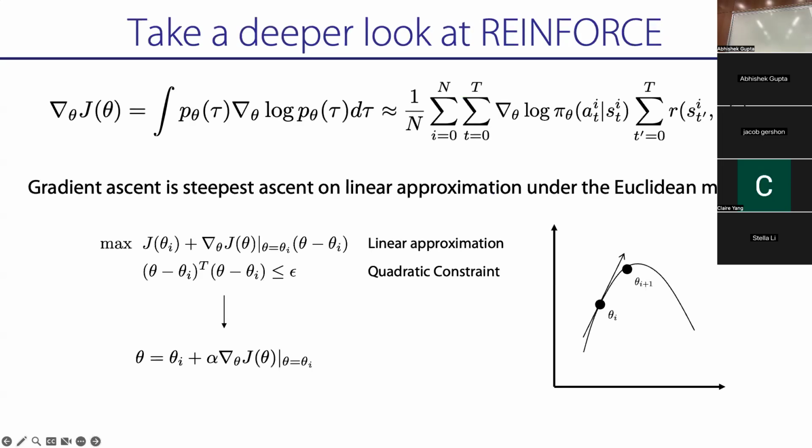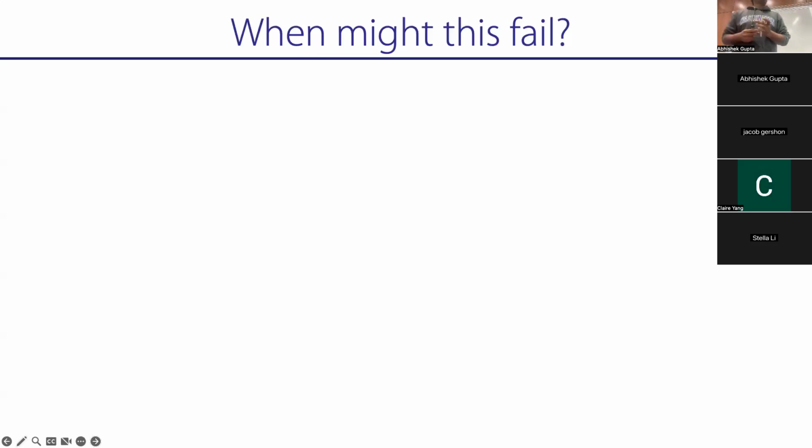So intuitively, we took this approximation and we restricted the parameters to be within a ball. And then we said we're going to do steepest descent. When might that not work? You have all the problems that you would with normal gradient descent in supervised learning. What are those problems? If your step size is too high, then you might overshoot.